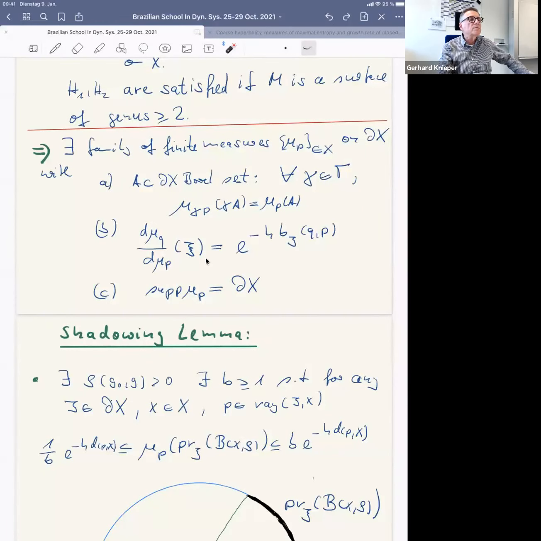I introduced this Busemann function last time. The levels of this Busemann function are horospheres. This function has two variables, q and p, and p denotes the level 0. If you have a horosphere passing through p, and q is on the same horosphere, then the function is 0. So the Busemann function is a kind of signed distance function.